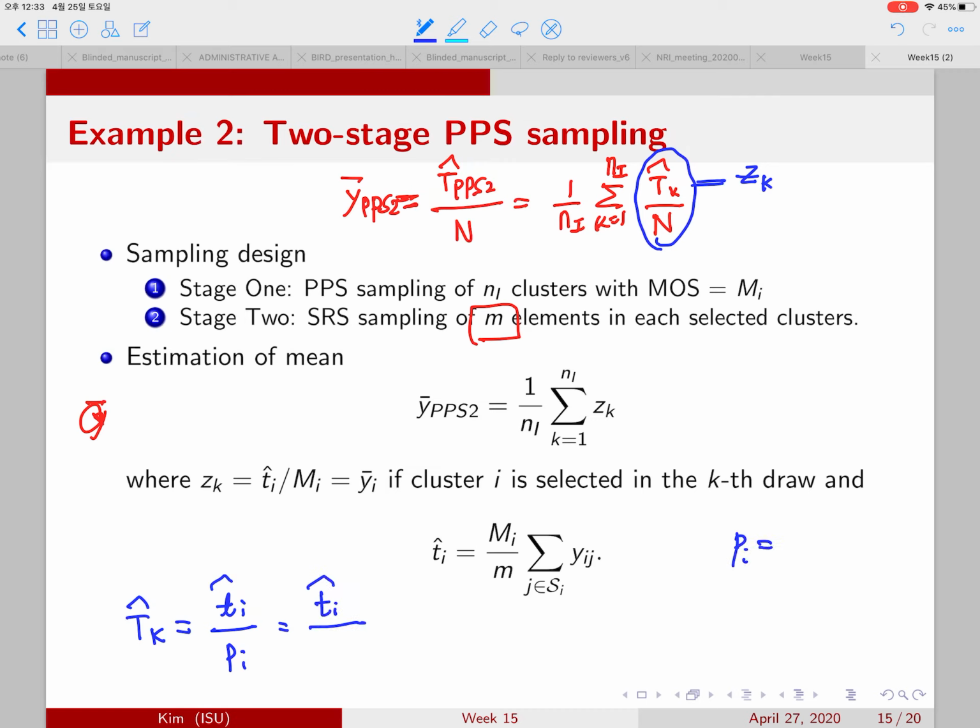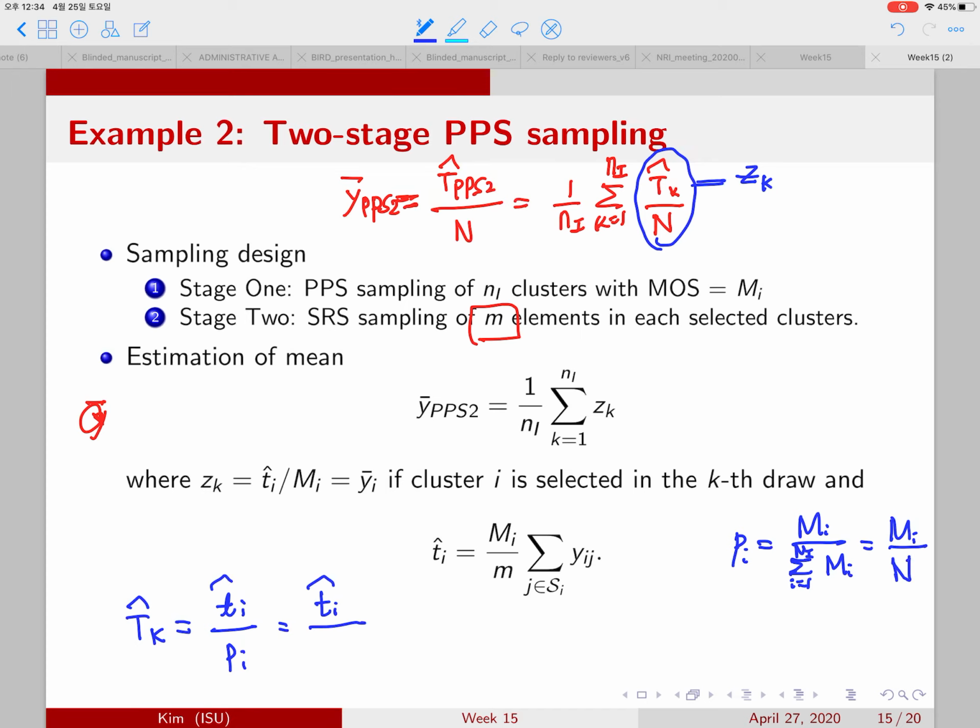Pi is m_i divided by the summation of m_i, which is m_i divided by M, the population size.